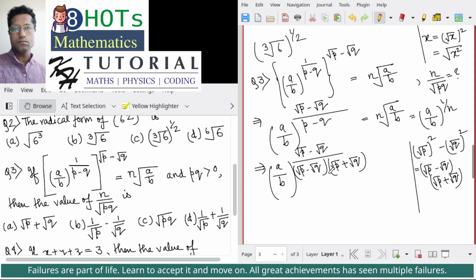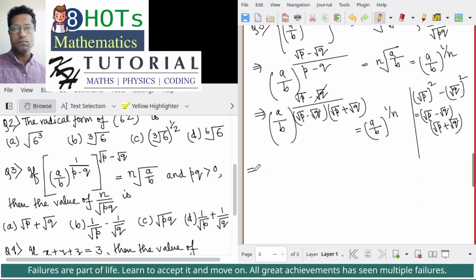We can cancel out square root of p minus square root of q from both the denominator and the numerator of the power, and on the right hand side we have a by b raised to the power 1 by n. So after simplification the LHS becomes a by b whole raised to the power 1 by square root of p plus square root of q, which is equal to a by b whole raised to the power 1 by n.